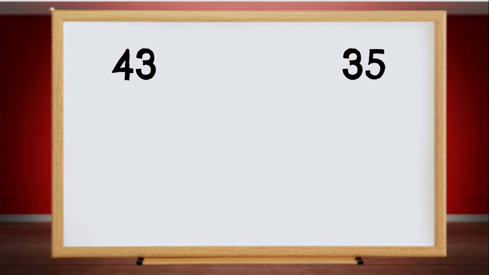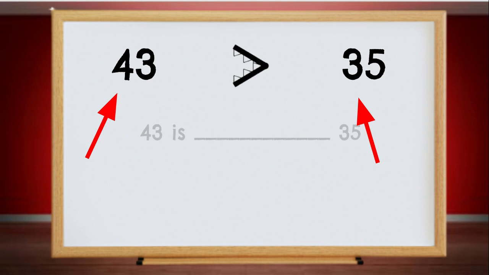Let's try a second one. 43 and 35. Once again, you're going to look at the first digit, which is the tens. In 43, we have a 4. And in 35, we have a 3. Which one is greater and which one is less? That's right. 43 has a 4, making it greater.